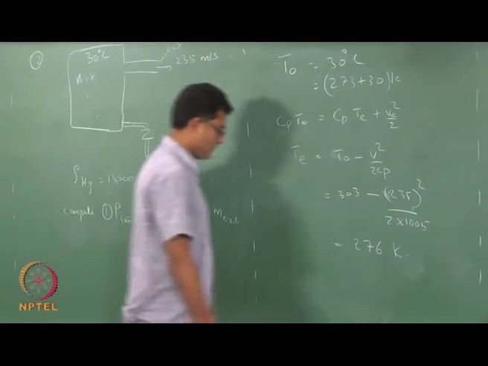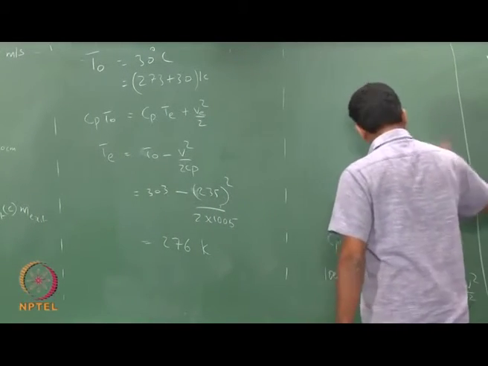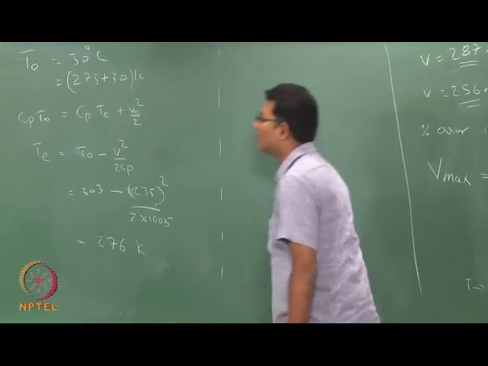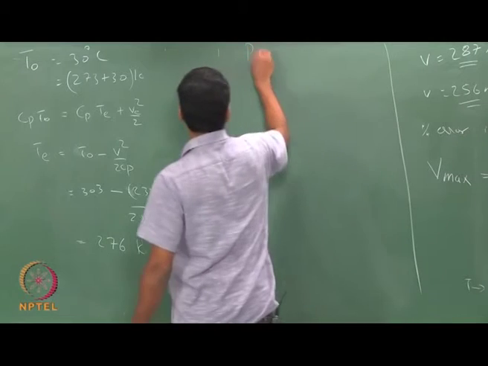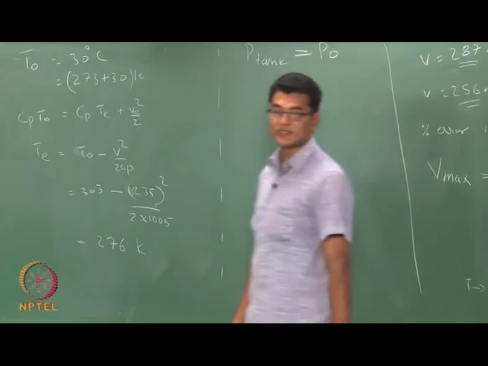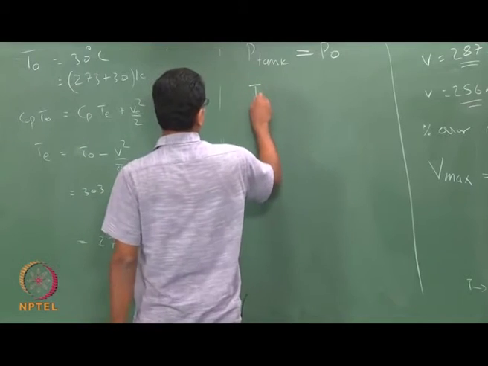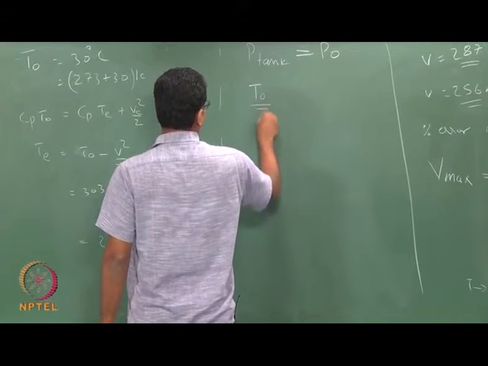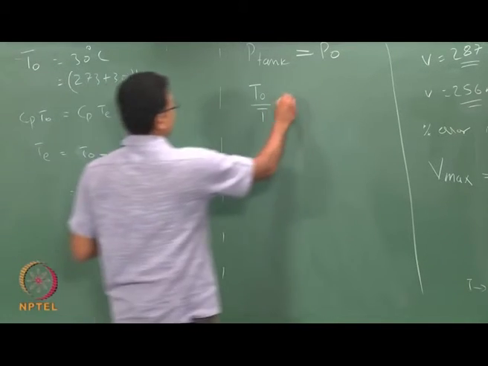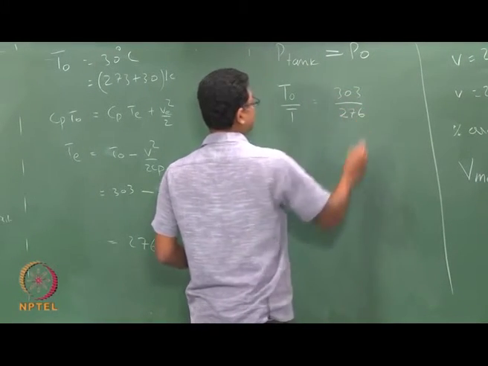What is P tank? So, again your P tank is nothing but your stagnation pressure. So, now you have static temperature and stagnation temperature, which is 303 by 276.